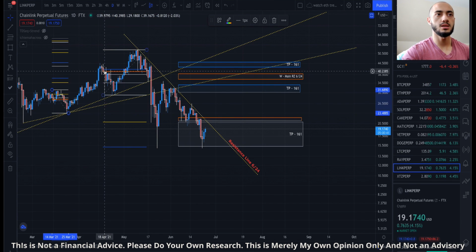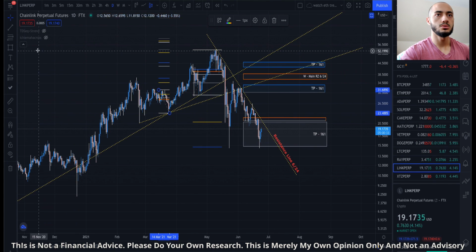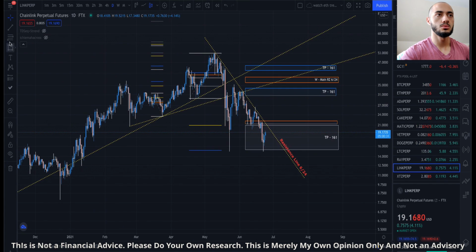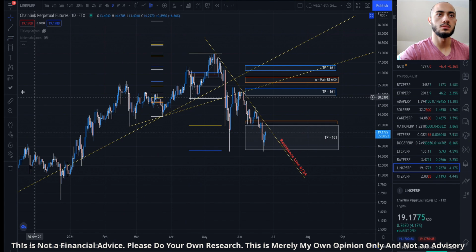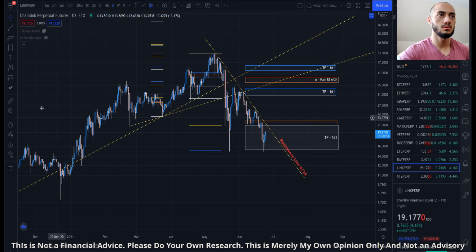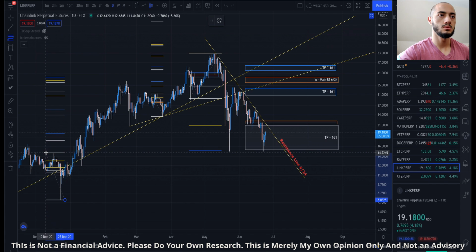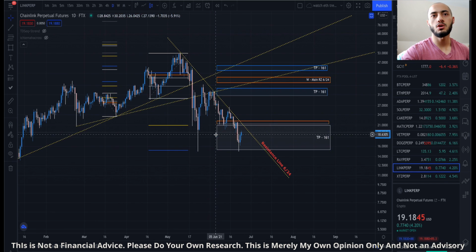Right here we did a higher high all the way to 261. 161. 161. It looks like this is a 161 coin.